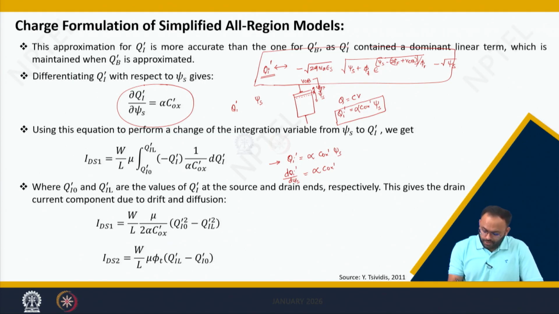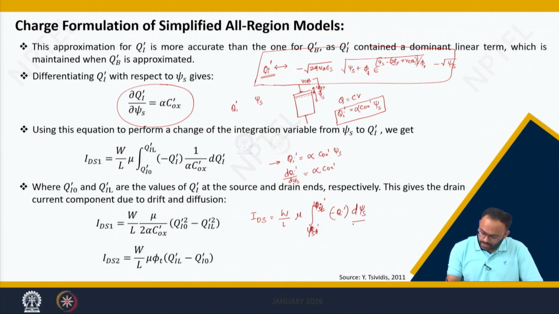And now we'll rewrite our current equation, which was given by W by L into mu into the integral of Qi from Qi0 to Qil, minus Qi dash, this was psi s0 to psi sl, minus Qi dash into d psi s.